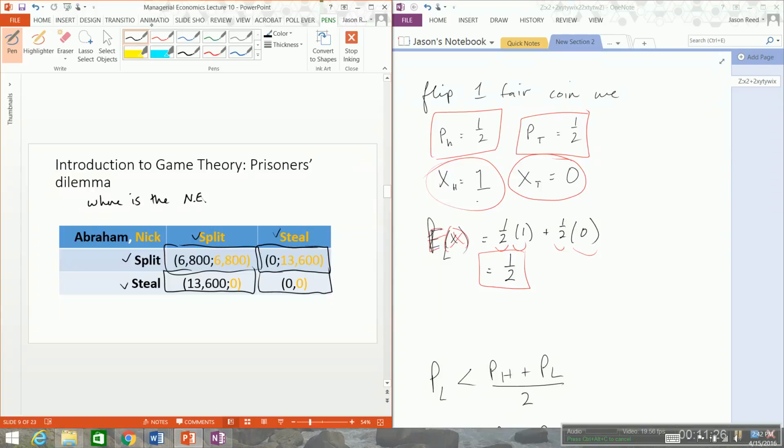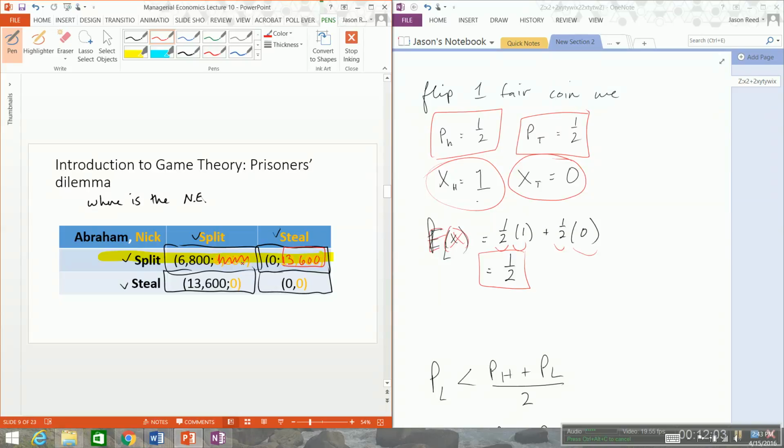So if I am Nick and I believe that my opponent Abraham is going to split, we want to think about what my best option is. And so if I'm Nick and I see this split, I'm going to determine I should then not split but steal, because 13,600 is better than 6,800. So we don't want this choice at all.